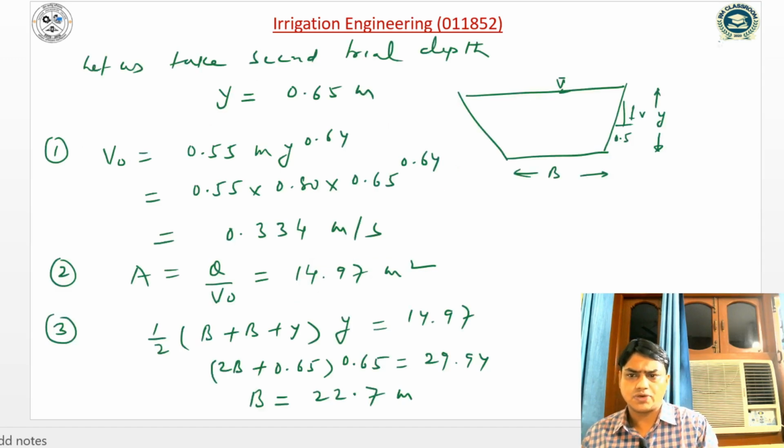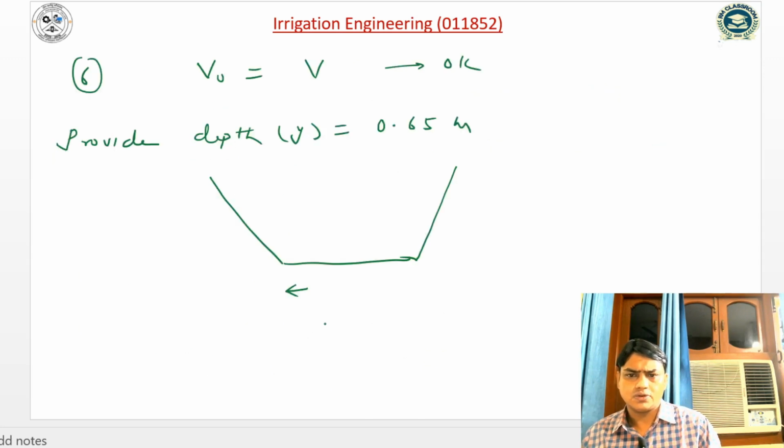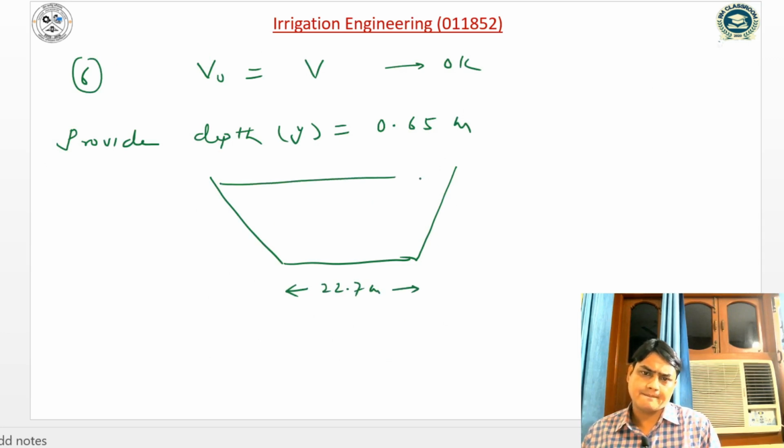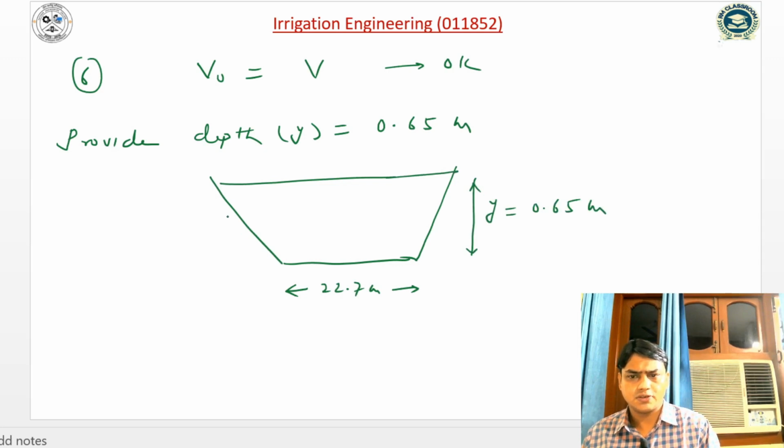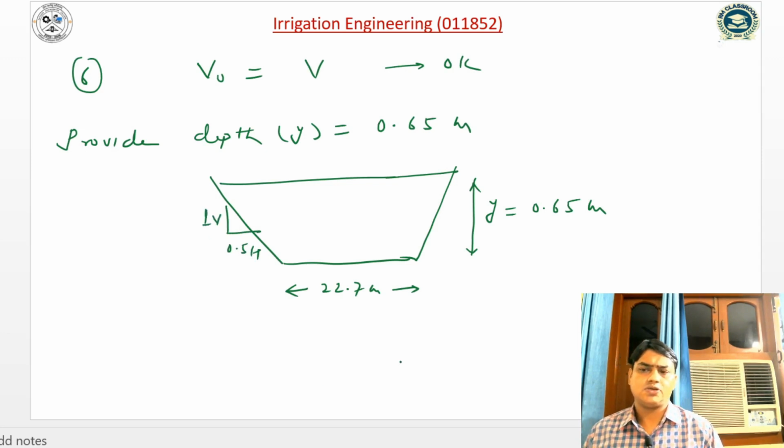B is equal to 22.7 meter, and the depth of flow is y is equal to 0.65 meter, and the side slope is 0.5 horizontal, 1 vertical. So this is the design as per Kennedy theory.